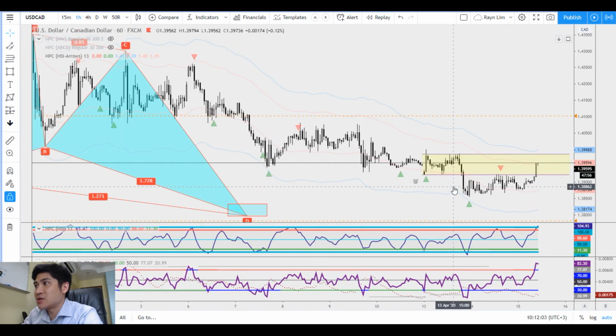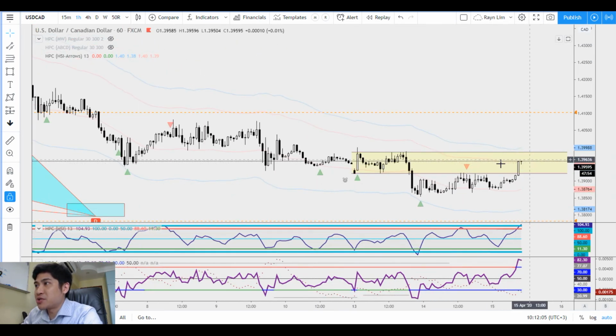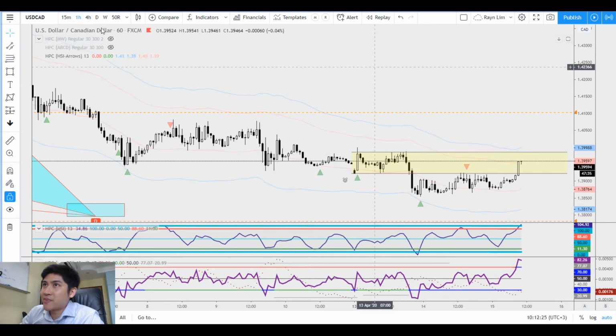Yep, correct. This is the sell zone for a shorting opportunity. So I'll be watching closely how to engage for a shorting opportunity. Okay, so minimum a double top, because there isn't any bearish harmonic pattern.